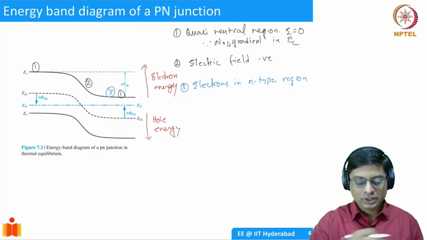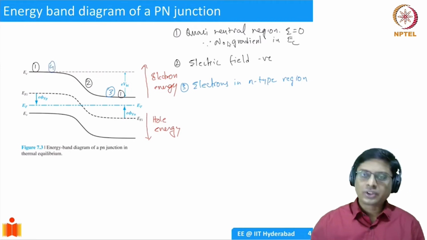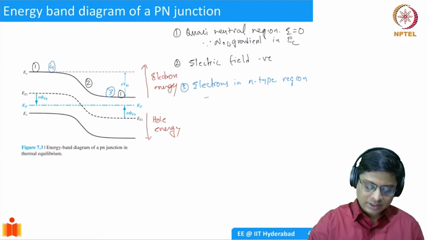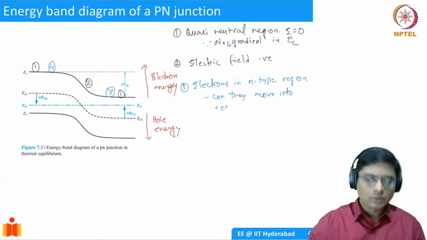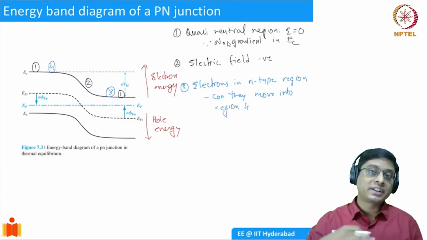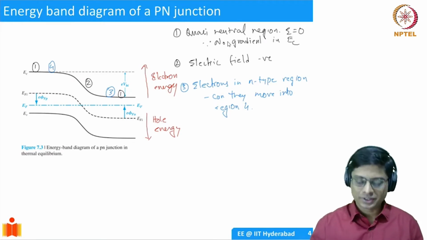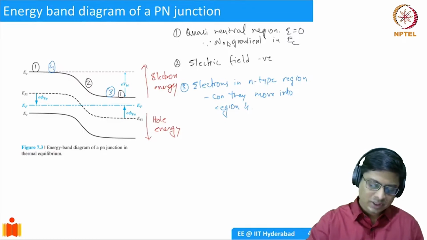Can they go into region 4? I'll put a region 4 here just to indicate. Electrons in the n-type, can they move into region 4? Well, they cannot, because region 4 is at a higher energy. And we know that typically all carriers would like to be at the lowest energy, right? So they have to be in the lower energy, so that won't happen.